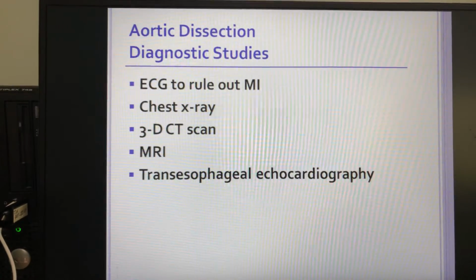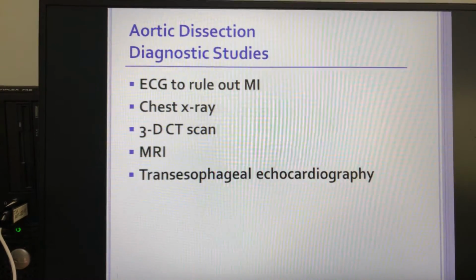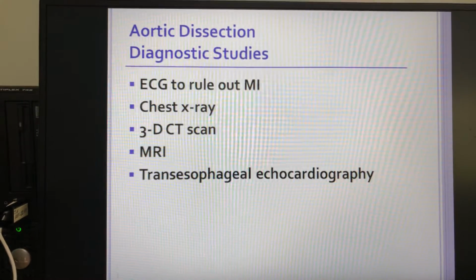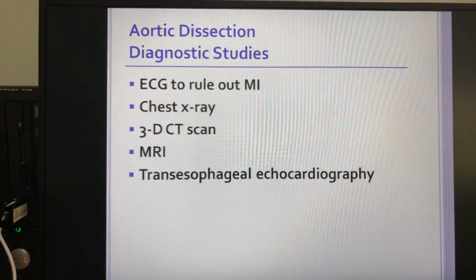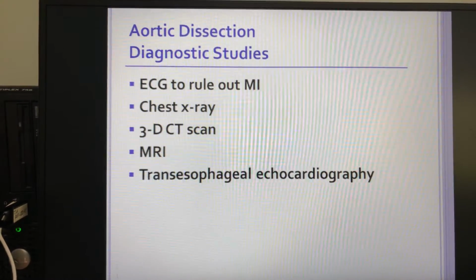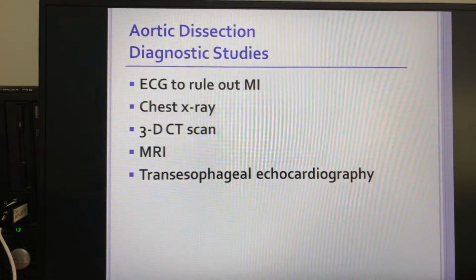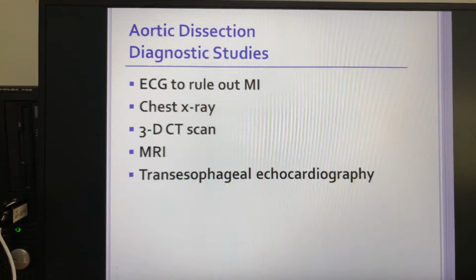So, diagnostically, a chest x-ray can show a widening of the mediastinum and pleural effusion. You might do a 2D echo or a 3D CT scan, and they can do the TEE, the transesophageal echo.